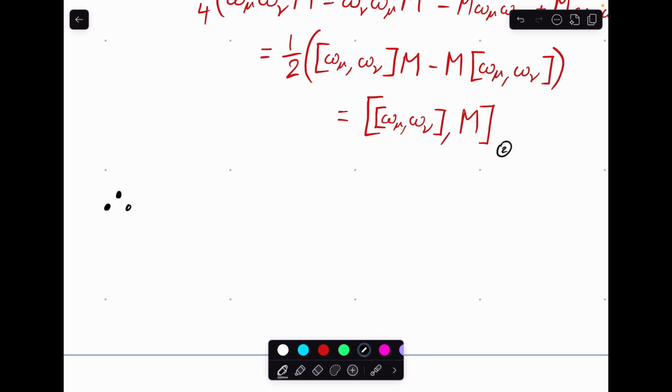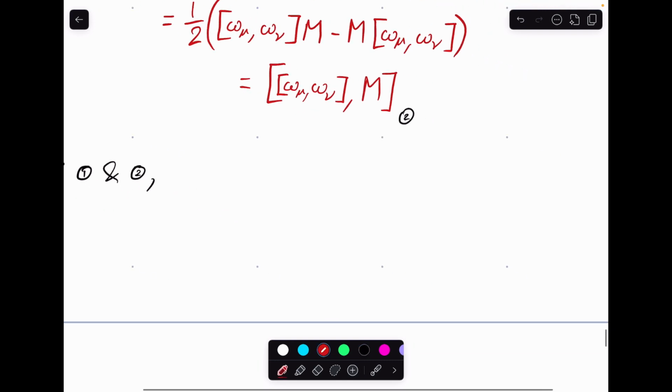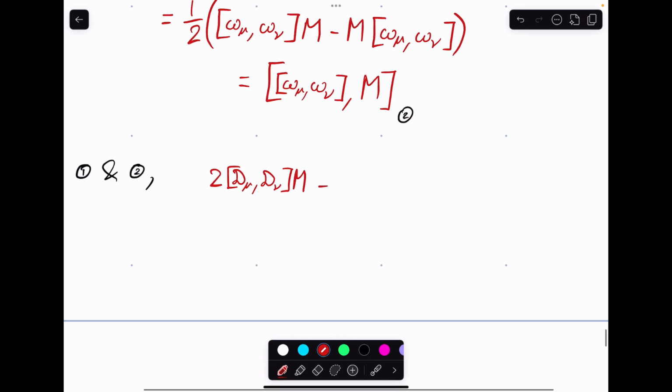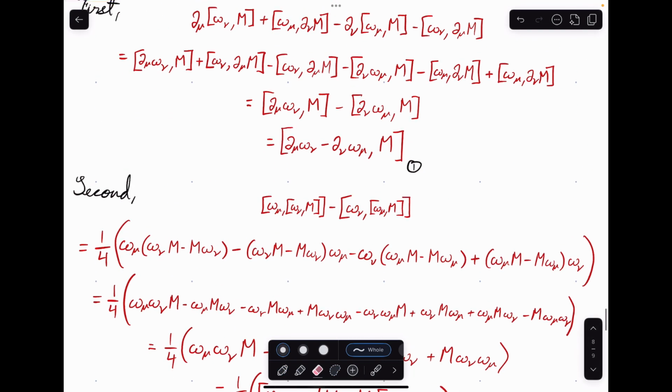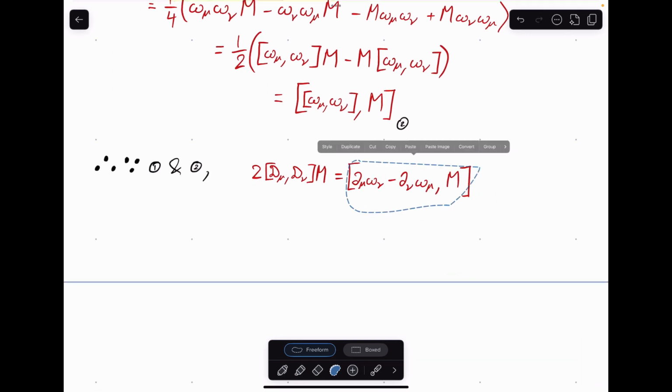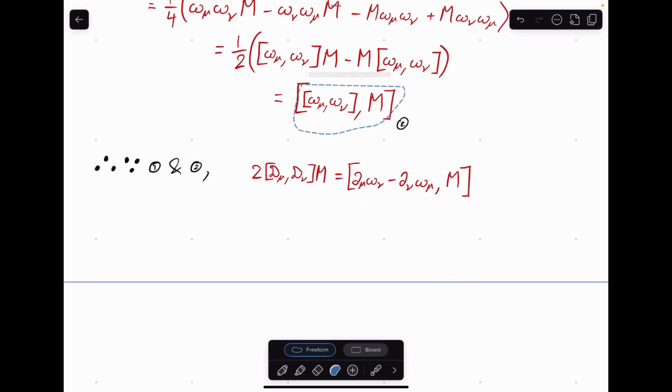Therefore, because of 1 and 2, we have 2 times the commutator of the covariant derivatives acting on some multivector M gives us, and we're just going to copy this, and then this.